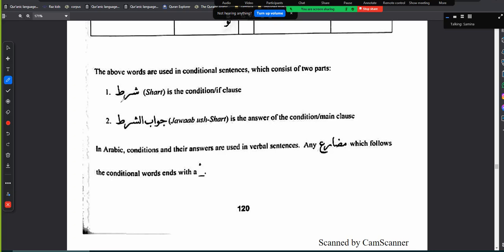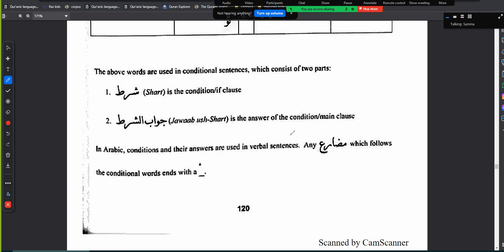That is, you have shart, that is the condition or if clause, and next you have jawabu shart, that is the answer to the condition or main clause. So in Arabic, the conditions and their answers are used in verbal sentences. And any mudare which follows the conditional words ends with a sukun.